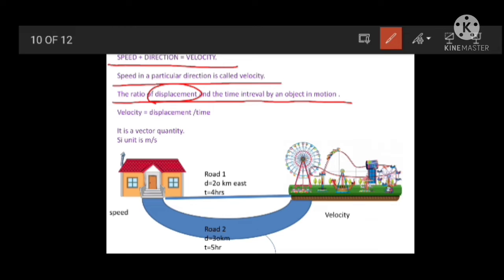Displacement is the shortest distance covered by an object with respect to the direction. So if we have to calculate the velocity, we can use the formula displacement by time. The formula for speed is distance upon time, but velocity is displacement upon time.